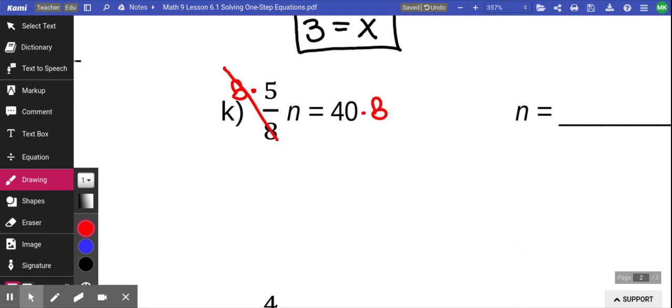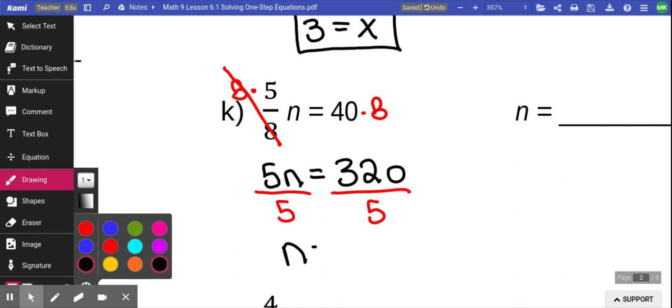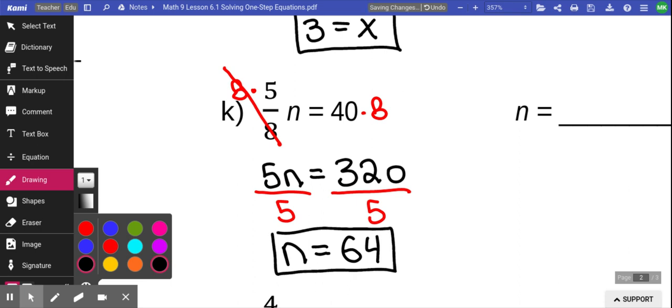That'll cancel the 8's on the left, leaving me with 5n on the left, equals 40 times 8, which leaves you with 320. Then I would like to get rid of the 5 by dividing both sides by 5, leaving me with n equals 320 divided by 5, which is 64. That's how I like to do it.